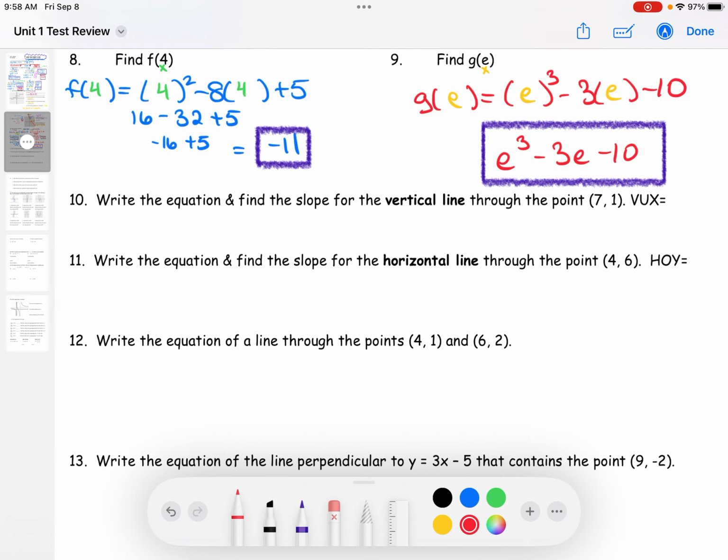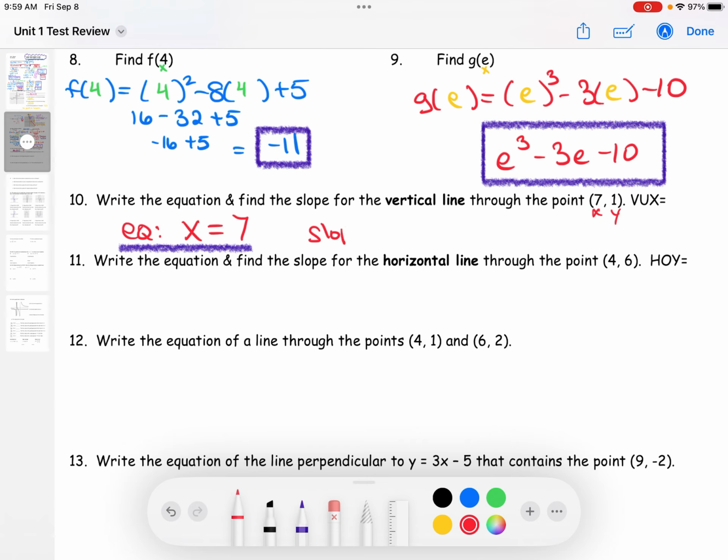So our equation is x equals a number. It has to be the x coordinate. So x equals 7 is the equation of the line. That's it. X equals 7. X equals a number is the equation of a vertical line.